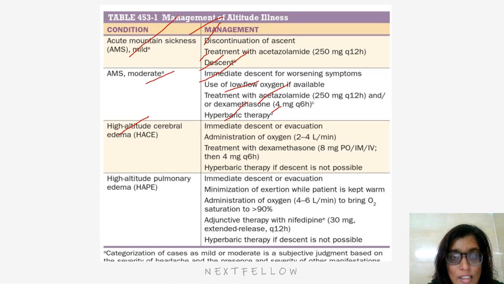High altitude cerebral edema: immediate descent or evacuation, administration of oxygen 2 to 4 liters per minute, treatment with dexamethasone 8 mg per oral, then 4 mg every 6 hours, hyperbaric therapy if descent is not possible. High altitude pulmonary edema: immediate descent or evacuation, minimization of exertion while the patient is kept warm, administration of oxygen 4 to 6 liters per minute to bring O2 saturation to greater than 90%, adjunctive therapy with nifedipine 30 mg extended release, hyperbaric therapy if descent is not possible.